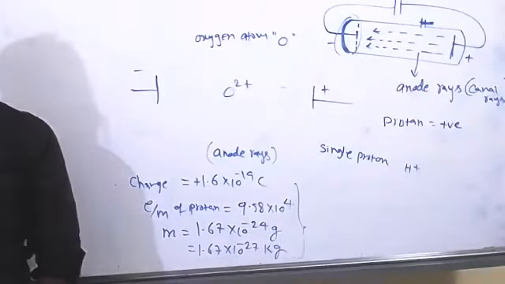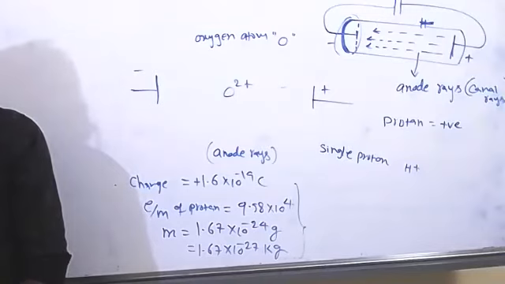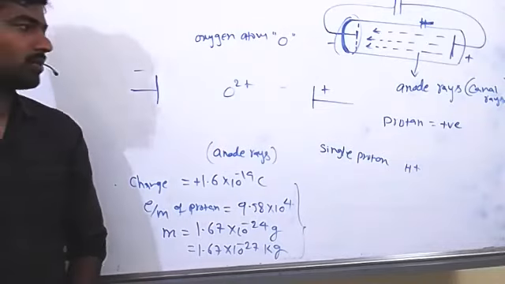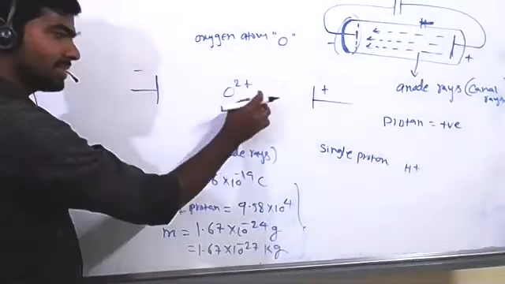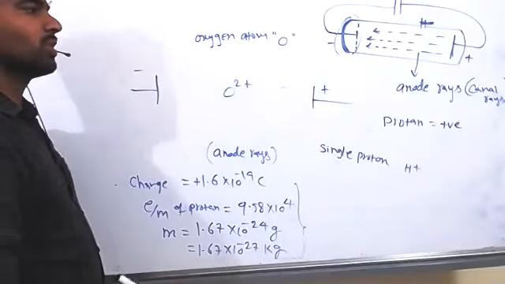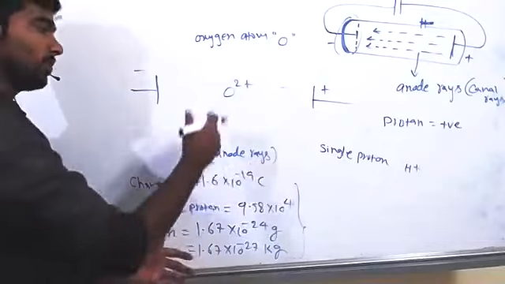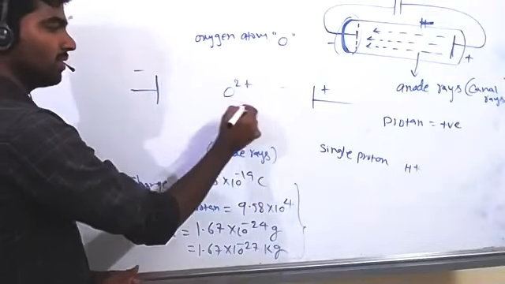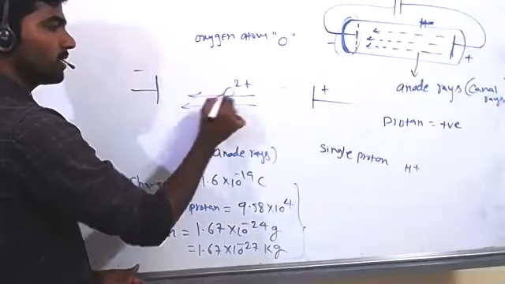How many protons does the oxygen atom contain? Tejaswini? So 8, 8 protons are there. This O2 plus has 8 protons, 8 neutrons, and the remaining electrons, all together constituting anode rays. Now these are moving from the anode side to the cathode side.